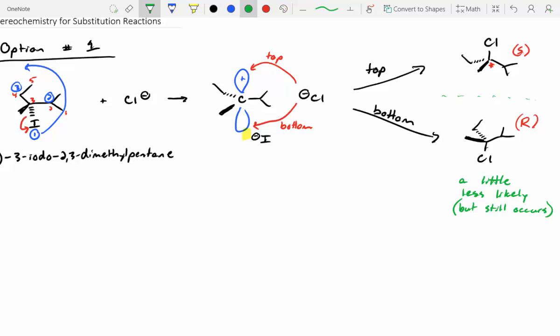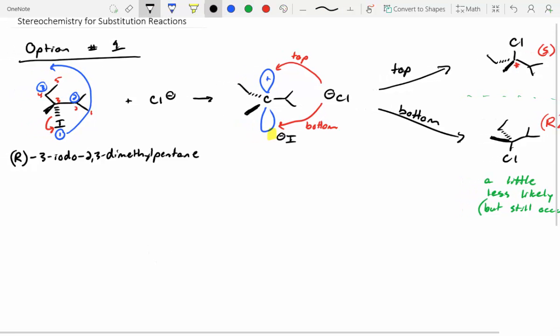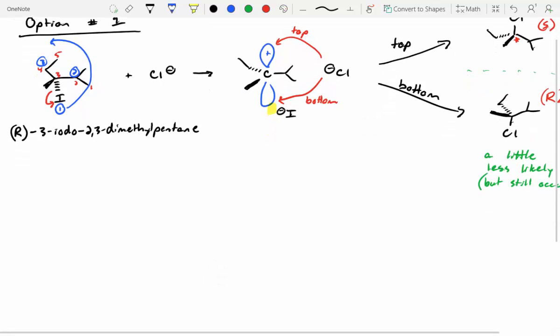So when you do an SN1 reaction, it's very common that you get a mixture of enantiomers out of it. What happens if we get a 50-50 mixture? What do we call that? Racemic. Some SN1 reactions will give you close to a racemic mixture. All right, so let's make some notes.